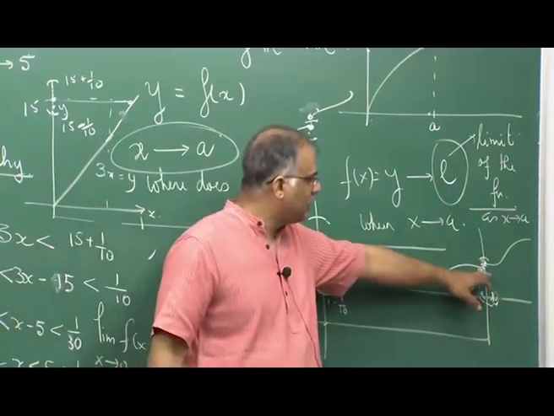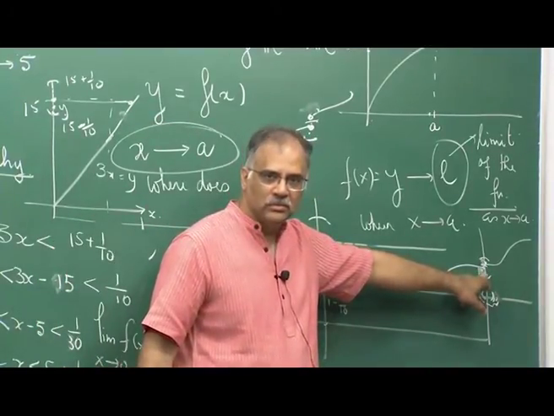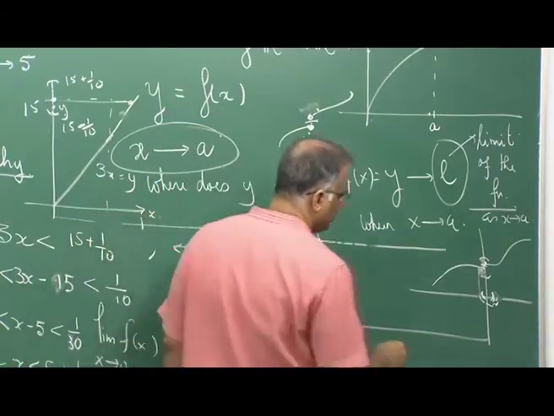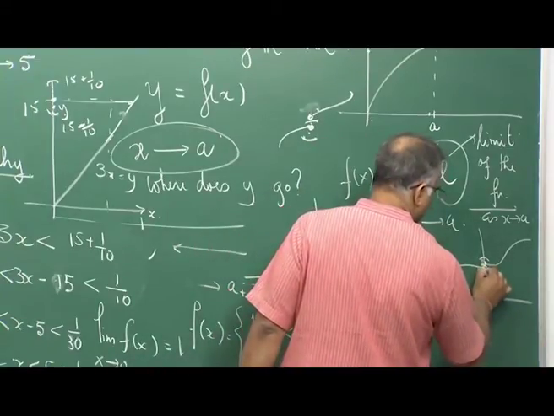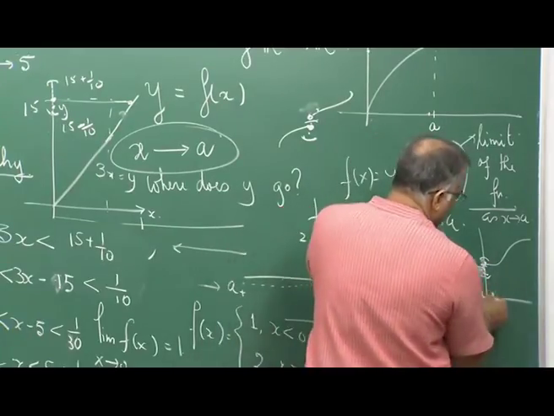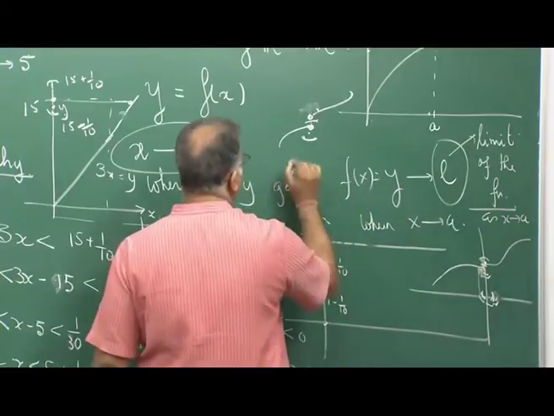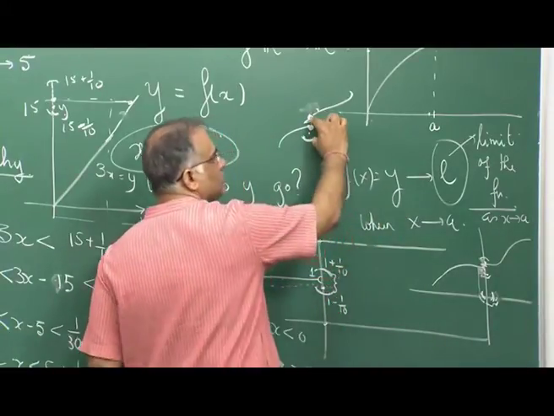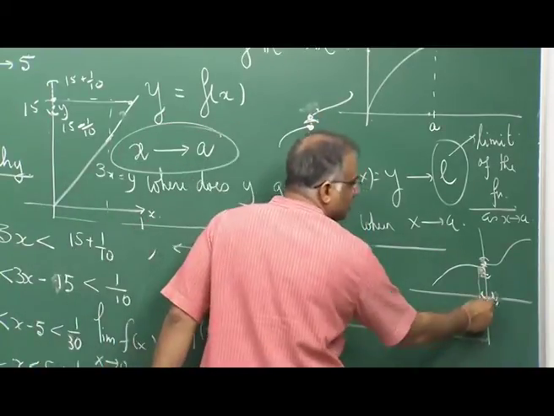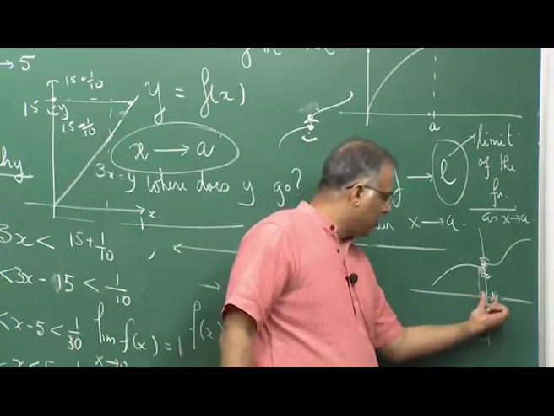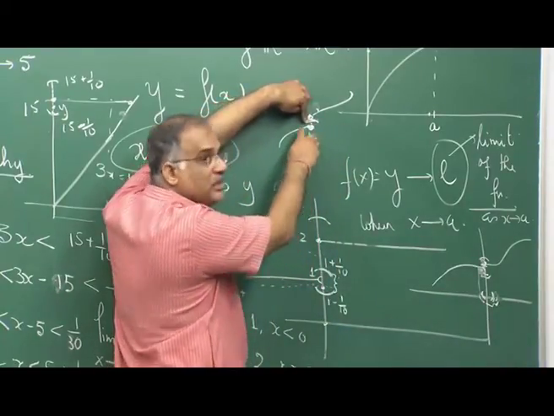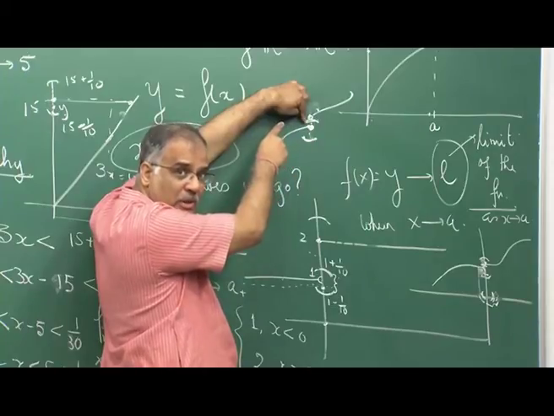Whatever value you have in this place, I can choose a very small interval. Here I have made this small interval, and corresponding to it these x values are coming from this small interval. So, I have some values around a small interval of x, and immediately the f(x) values lie within this interval, but this function does not have a limit.